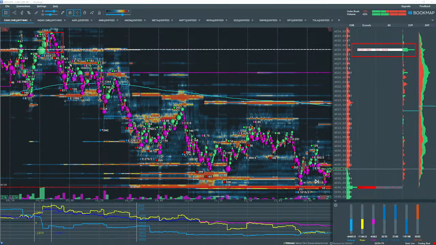And then a series of lower highs, and finally a break below VWAP. And several liquidity targets below, the primary being at the ES 4000 level. And again, everything confirming. Stops, iceberg, CVD, all heading lower.